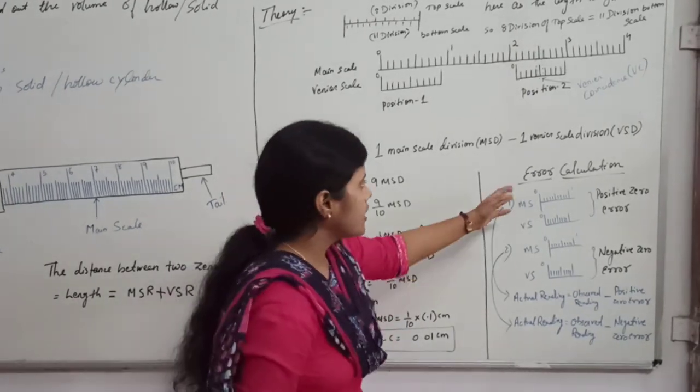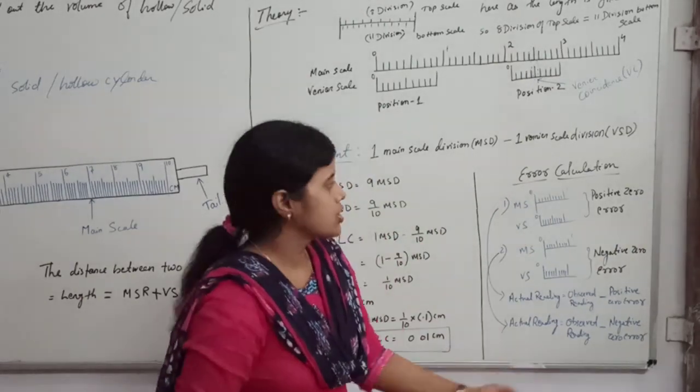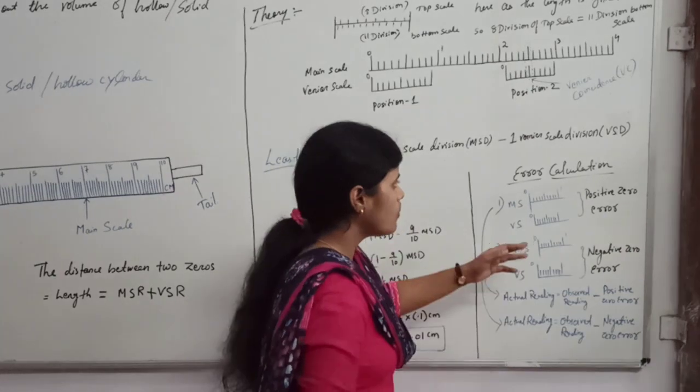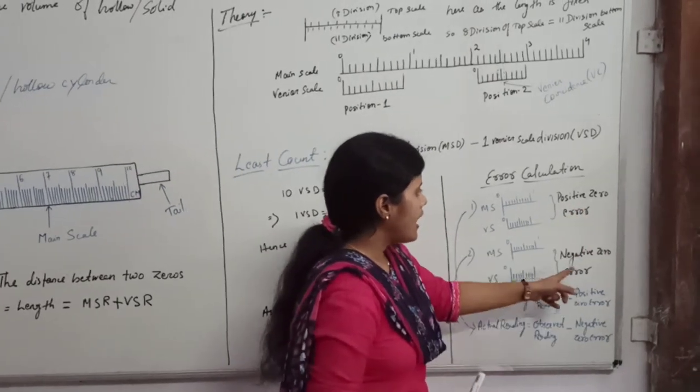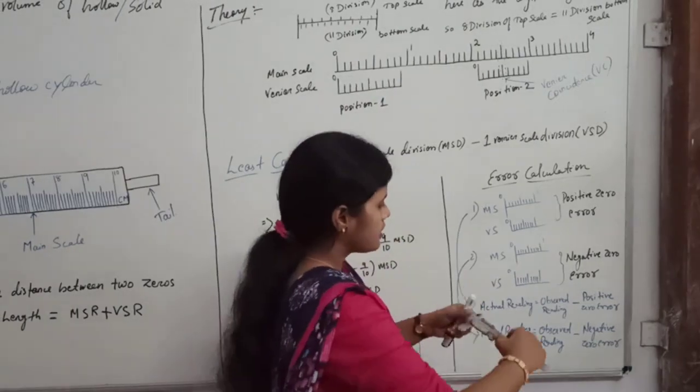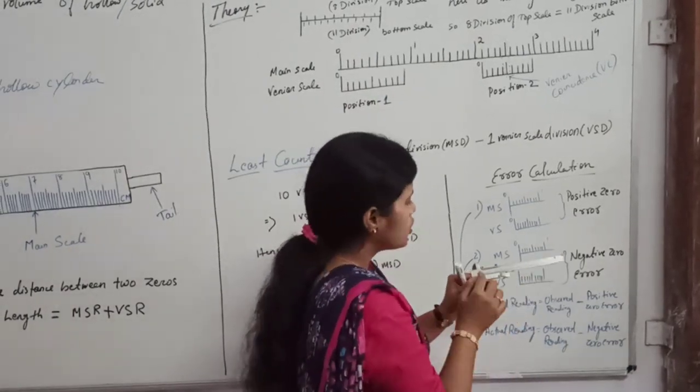Okay. So I will tell you how to do the error calculation here. There are generally two types of error. One is called your positive zero error, another is your negative zero error. Let me tell you how. You know that in the vernier scale, two zeros are there.